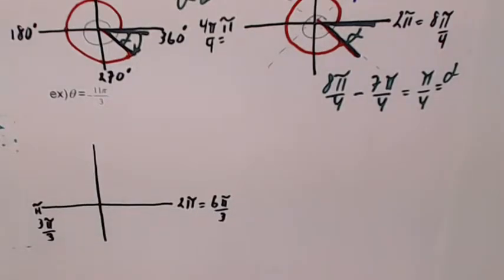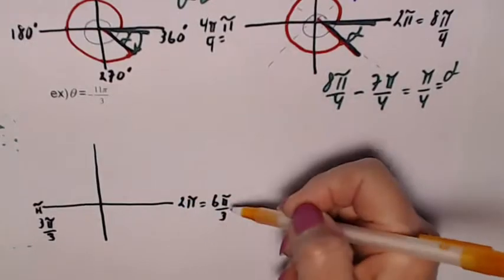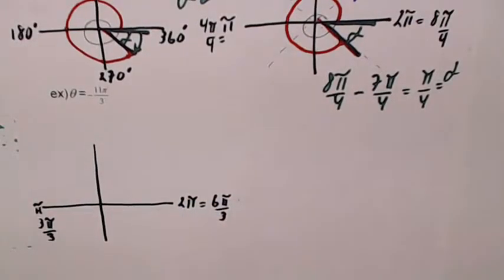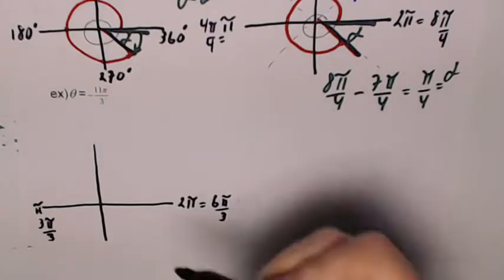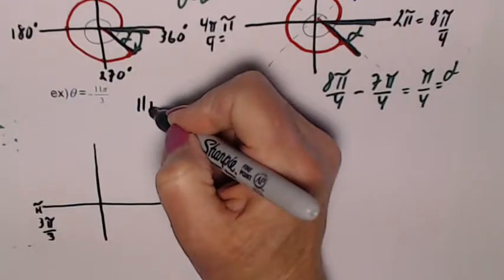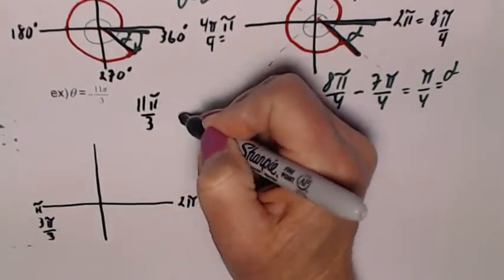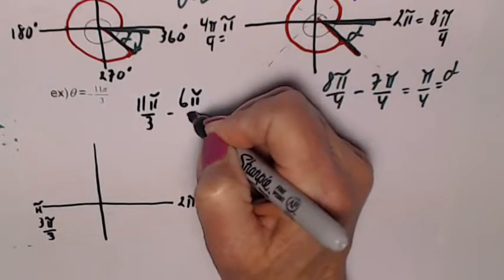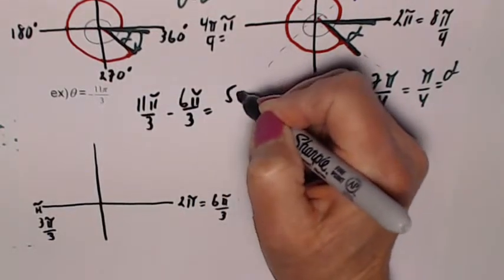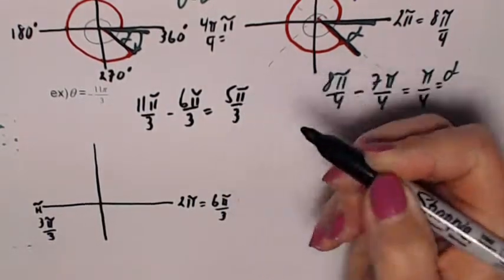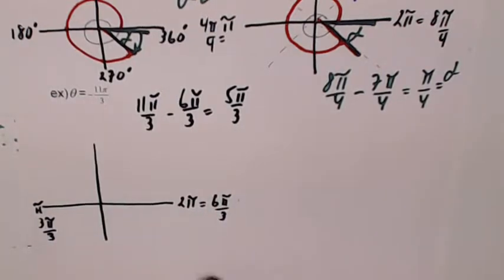So here we know we have a complete rotation because we can see our numerator of 11 is bigger than our numerator of 6 here. So let's back out. 11 pi over 3 minus 6 pi over 3 gives us 5 pi over 3. And again, we've done this before. I've mentioned this before.